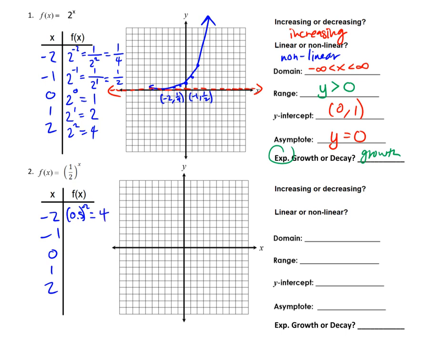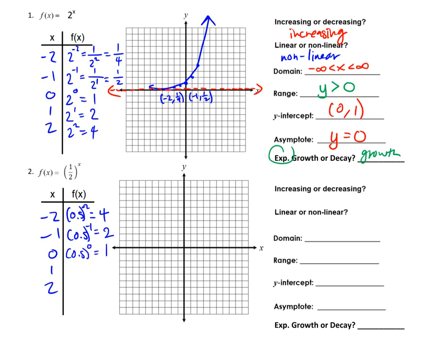Okay, then if we have 0.5 raised to the -1, this one is going to be 1 divided by 0.5 raised to the first power, right? Because 0.5 raised to the first power is just 0.5. So what we have is 1 divided by 0.5, which is going to be 2 if you put that in the calculator. So this is 2. Okay.